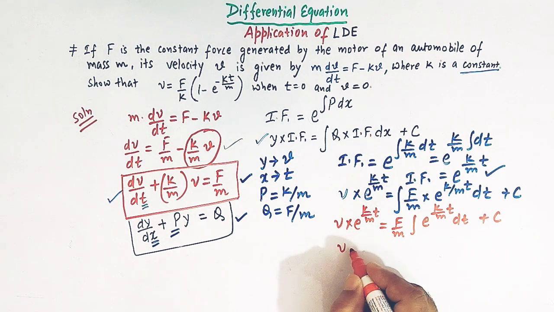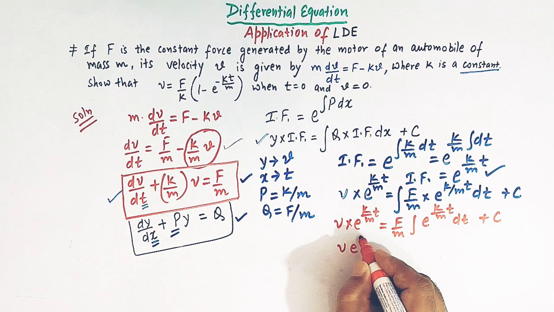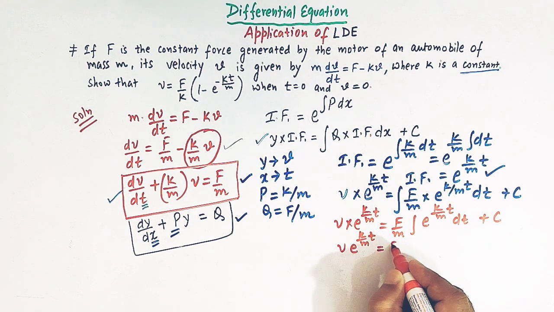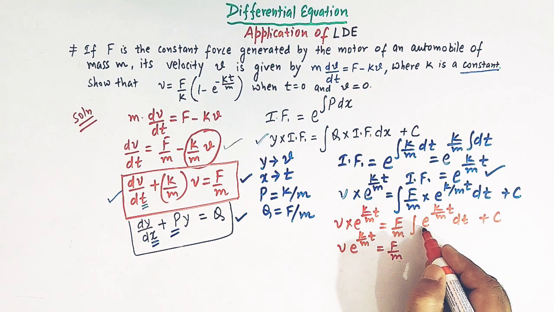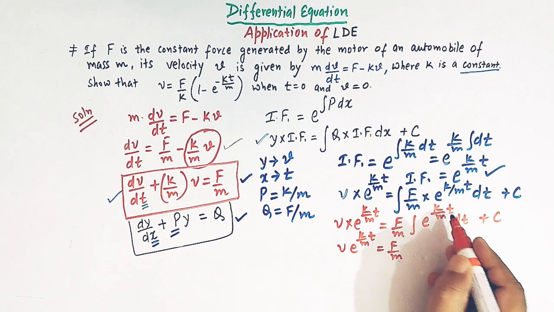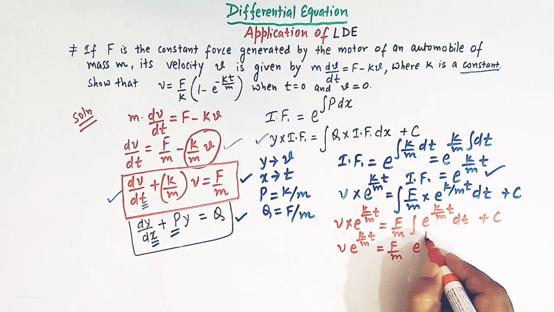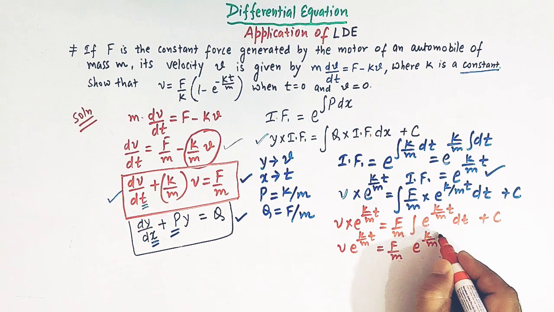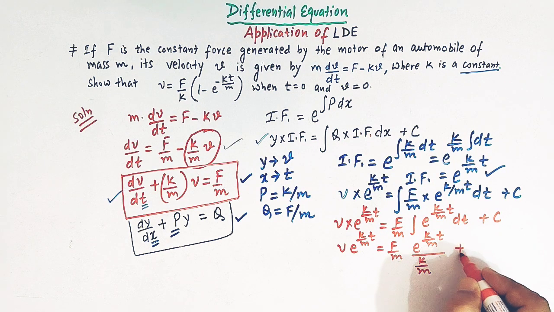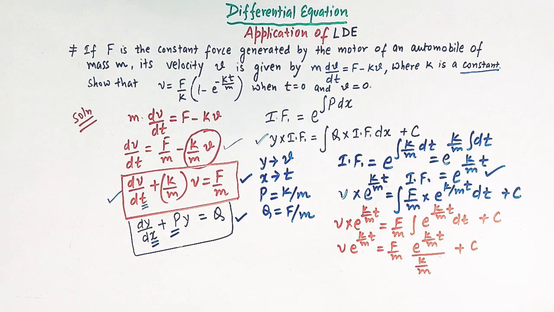So now we can write v times e raised to k over m t equals F over m, and the integral of e raised to k over m times t is e raised to k over m t divided by k over m, and c is the constant of integration.